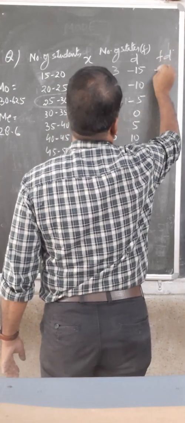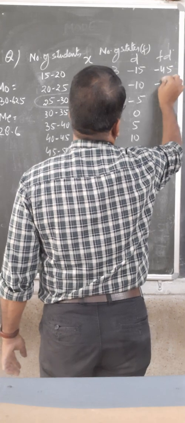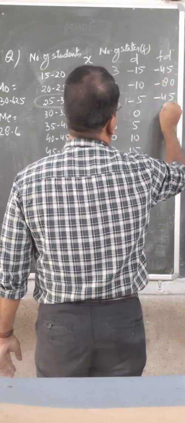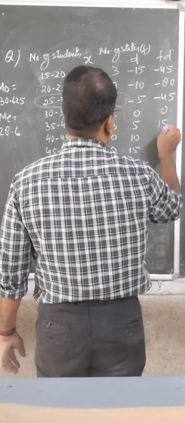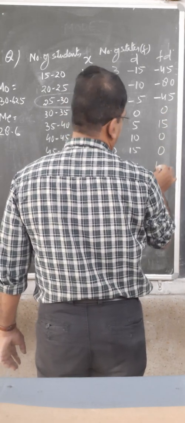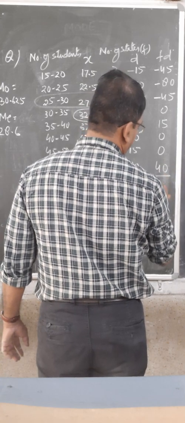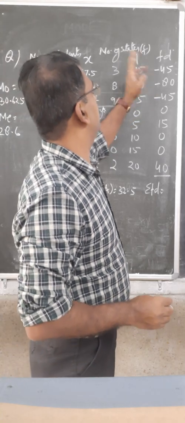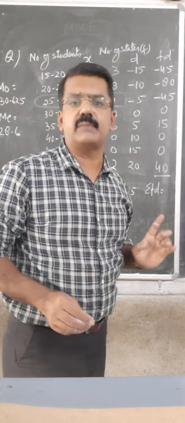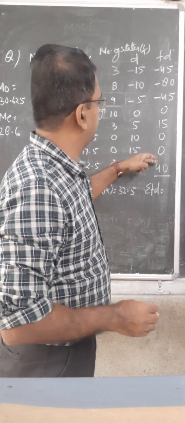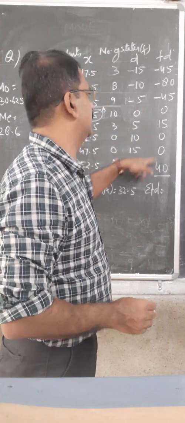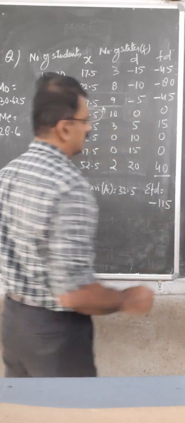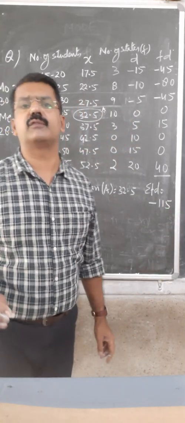So FD will be minus 45, minus 80, again minus 45, then 0, then 15, then 0, then 0, then 40. So the sigma FD will be minus 45 and minus 45, minus 90, and minus 80 is minus 170, and minus 170 plus 40 is minus 130, plus 15 is minus 115. So the value of sigma FD is minus 115.